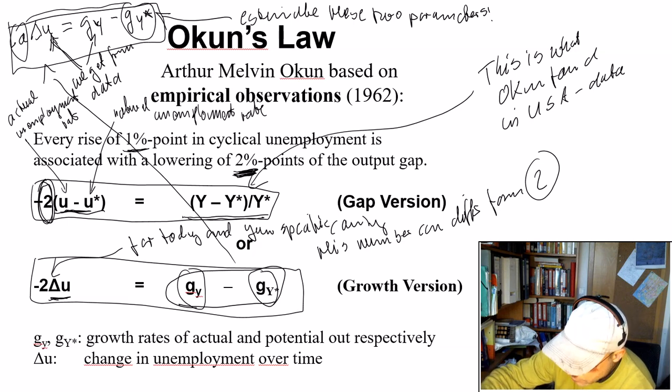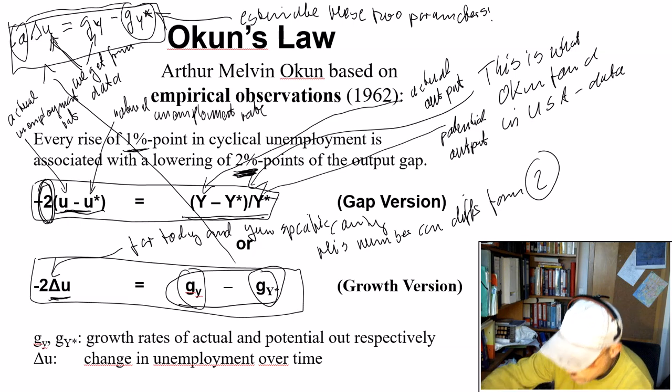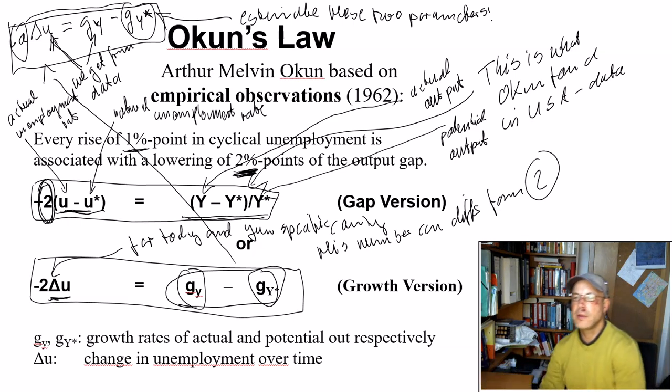So Y star is potential output and Y is the actual output.